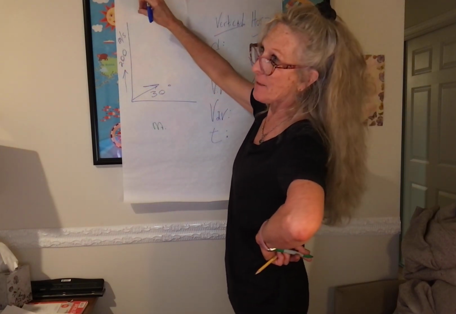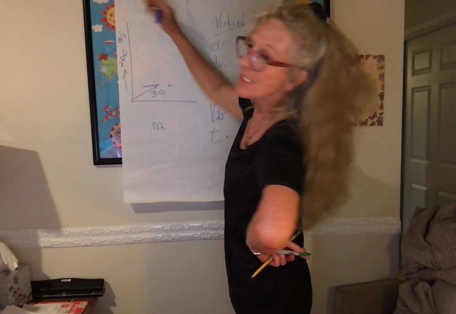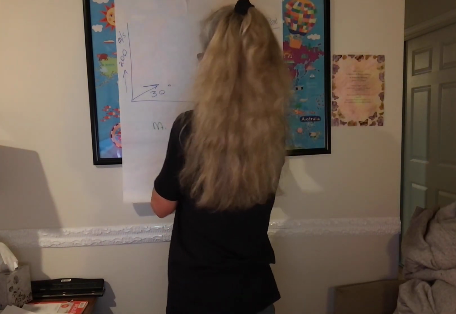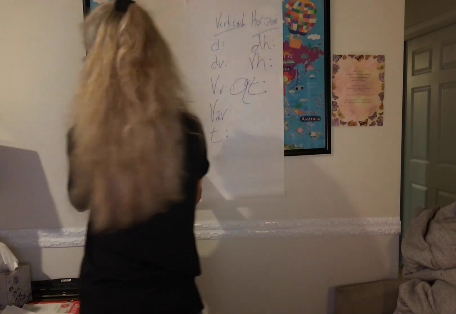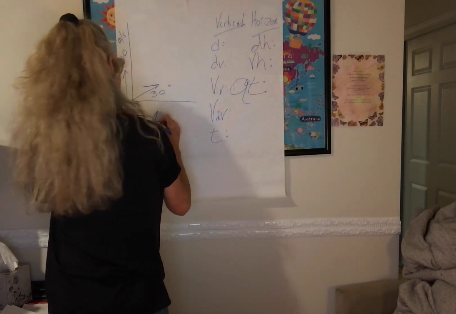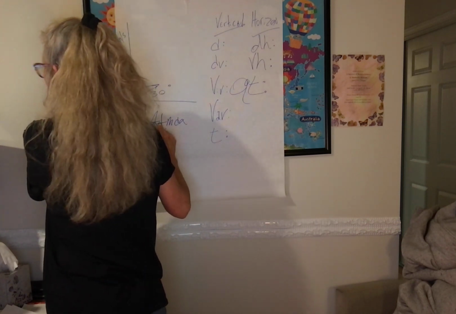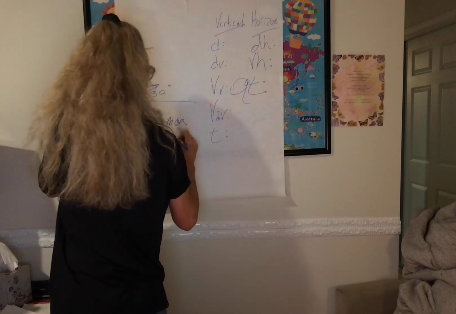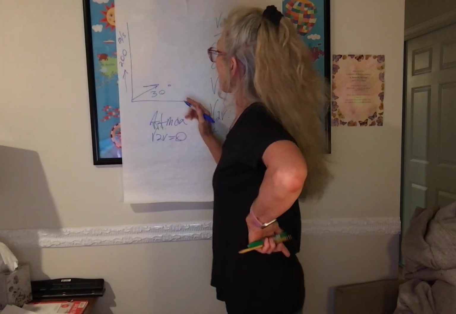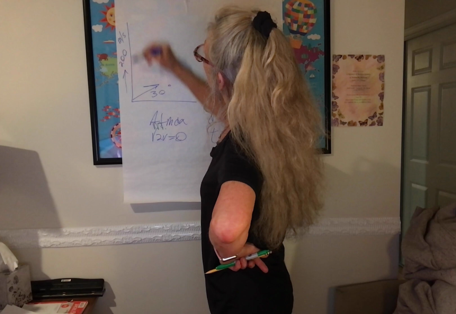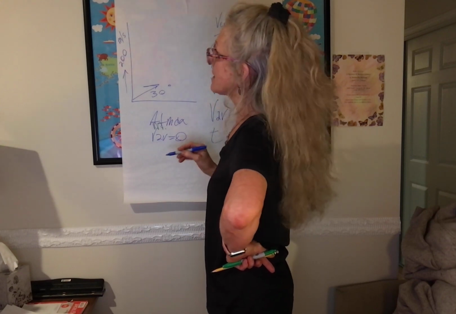So at maximum height, v2 vertical equals 0. Really not concerned with the 30 degrees. I'm really concerned with what happens from here up to the top.